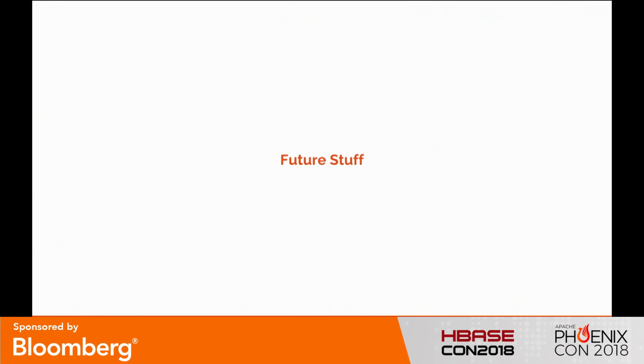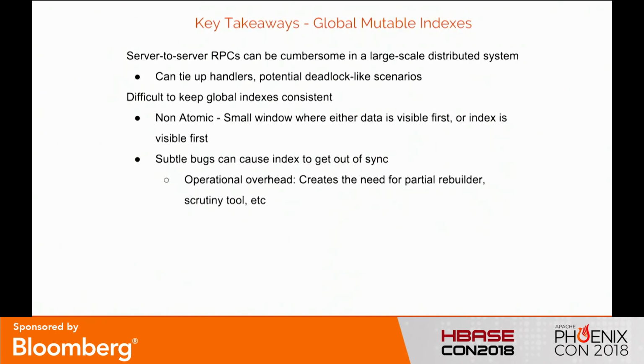So, quick talk about some future stuff. Key takeaways so far of this talk: server-to-server RPC is what really kills us with secondary indexes, right? It can be cumbersome. We get into deadlock scenarios because when we have a bug that for whatever reason ties up a handler, you start getting deadlock-like scenarios.